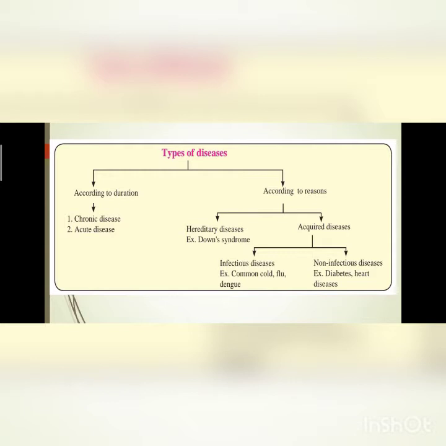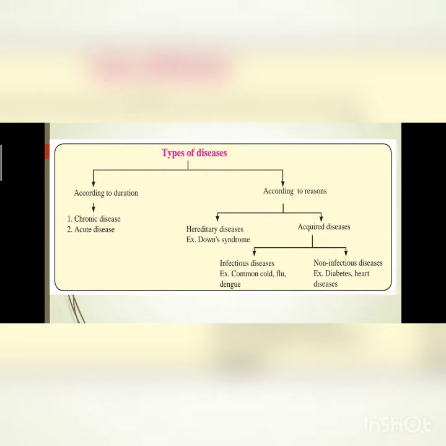First we will see according to duration. First, chronic disease. Second, acute disease. Chronic disease means long duration, example, cancer. Acute disease means short time, example, common cold.